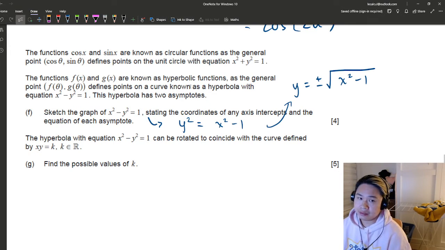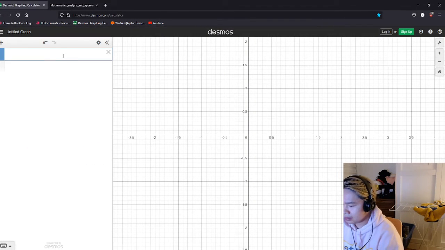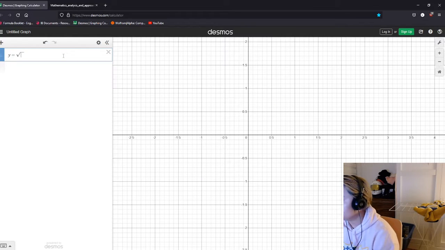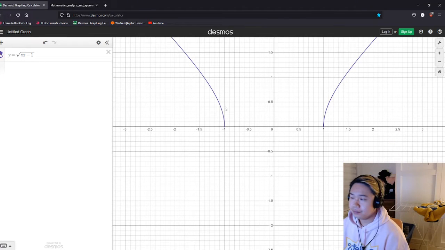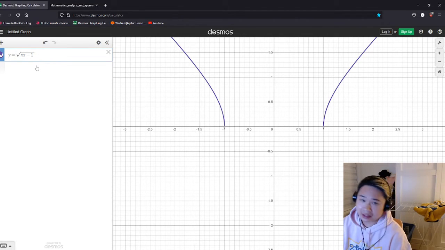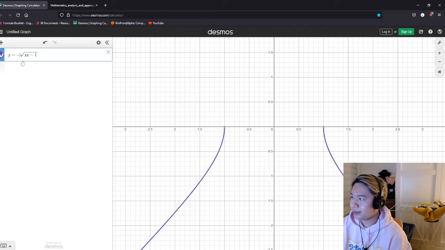You will need to graph both, or just reflect one of them to get the other. This will give you the upper half, for example, the positive half, and then you can reflect it, or graph a second graph with the negative part.